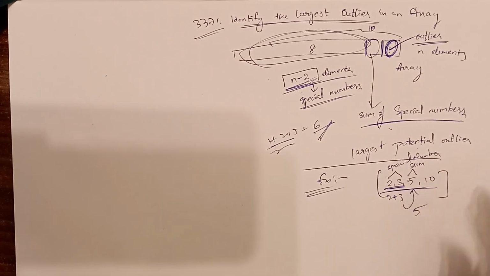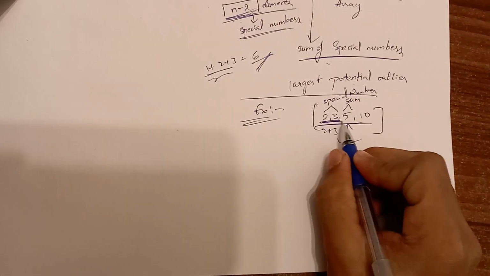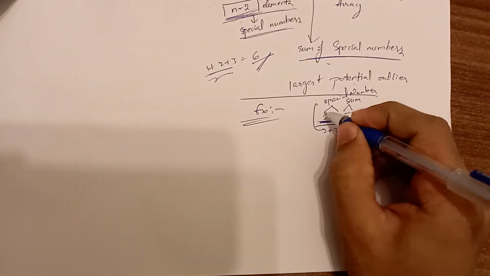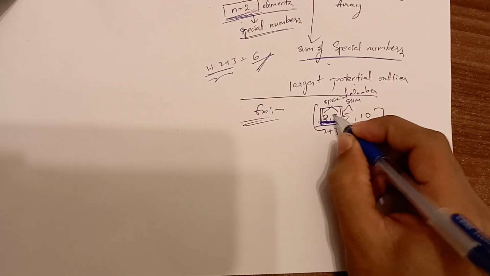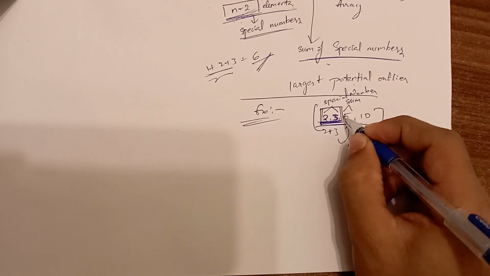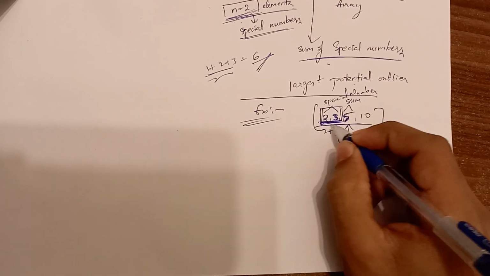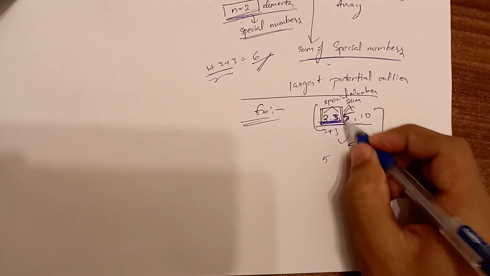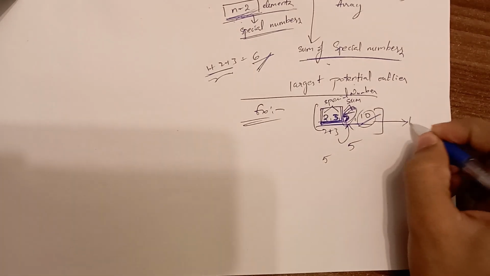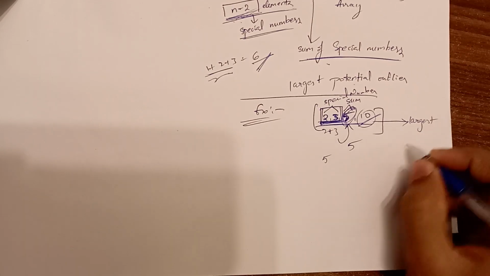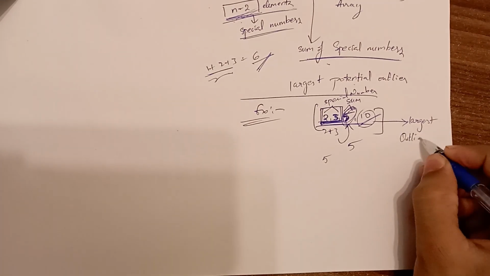So if you take these special numbers, the sum 2 plus 3 will be equal to this number 5. Now, this will be our largest potential outlier.